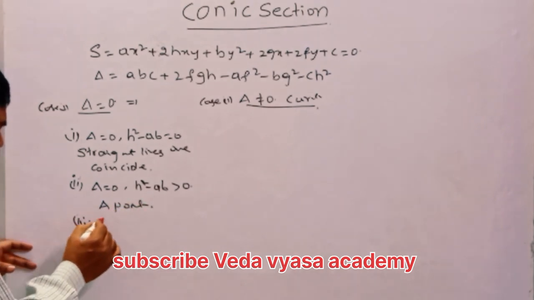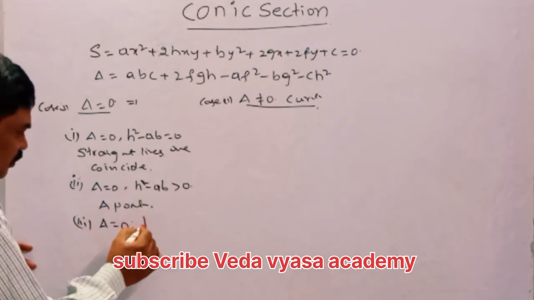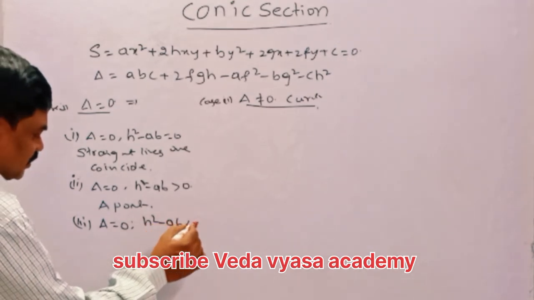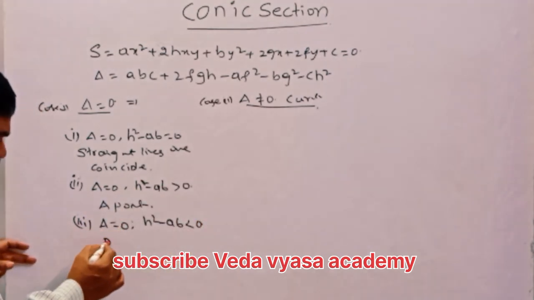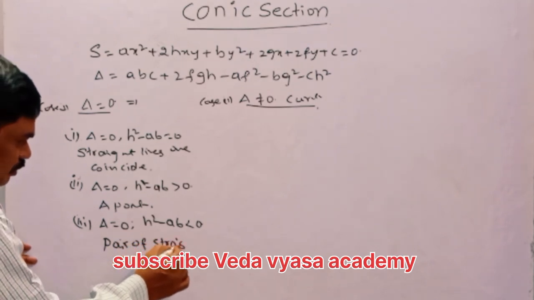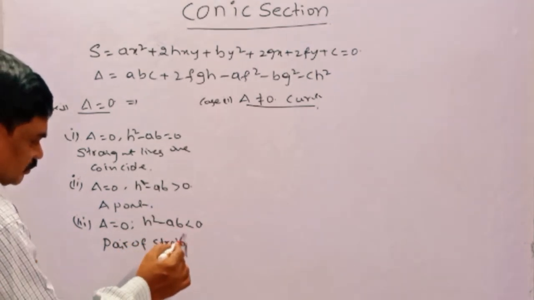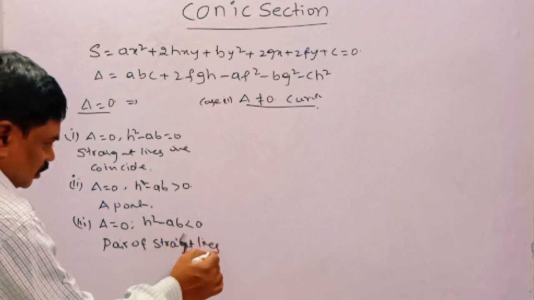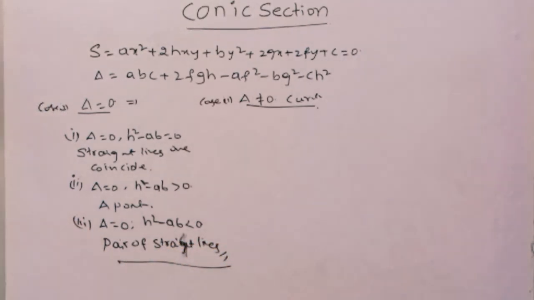Third, delta is equal to 0 and h square minus ab less than 0, it represents a pair of straight lines.